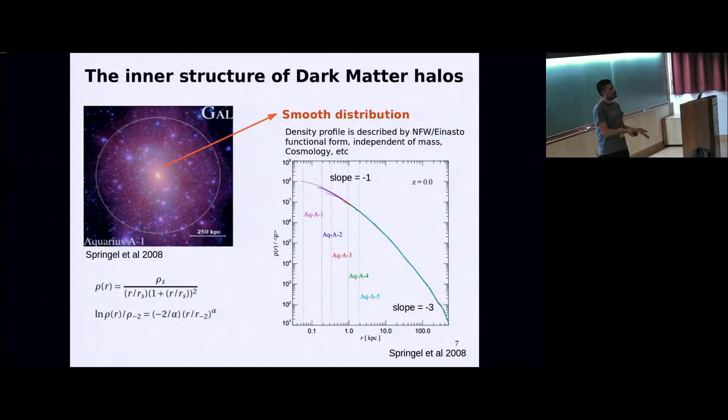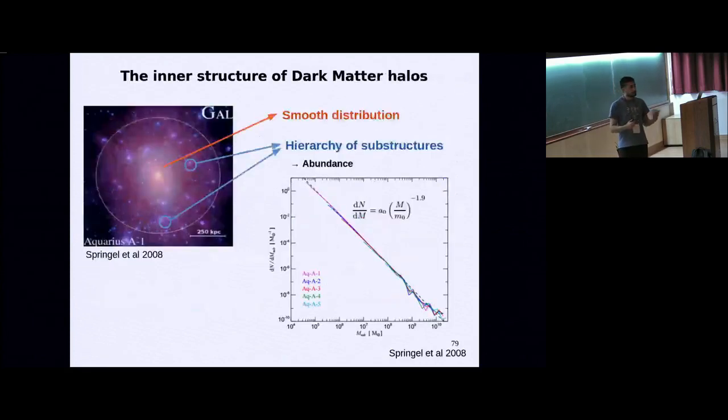This functional form seems to be universal, in the sense that halos of all masses tend to have the same structure, regardless of the cosmology, whether you use more dark matter, less dark matter, or even change the nature of dark matter from warm to cold. This is a very puzzling result, and there are areas of research that try to understand the nature of this universality.